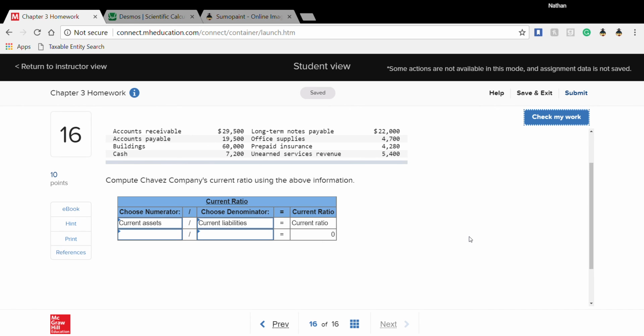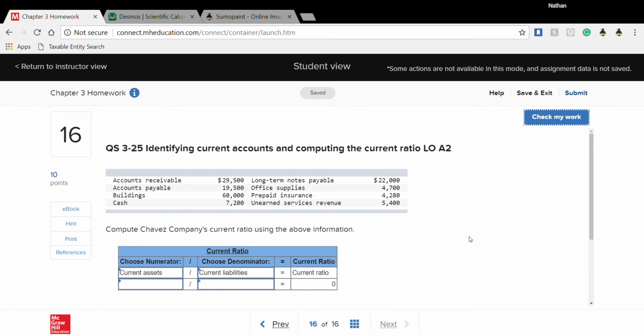So here we run into the kind of problem that you may see: what is our current assets and what is our current liabilities. But first off, take out anything that you definitely know is going to be greater than a year. So let's start off. Accounts receivable. We expect to be paid within a year, so that's a current.